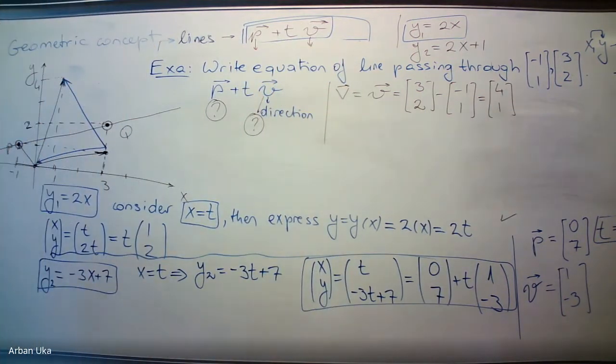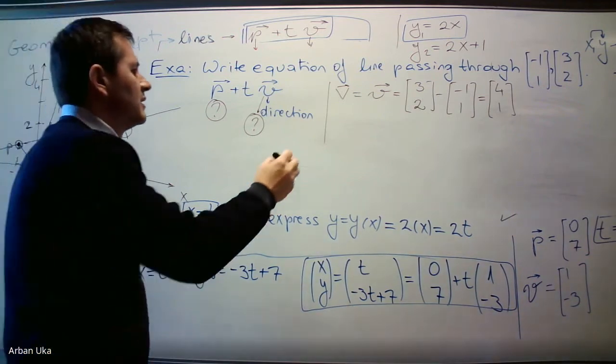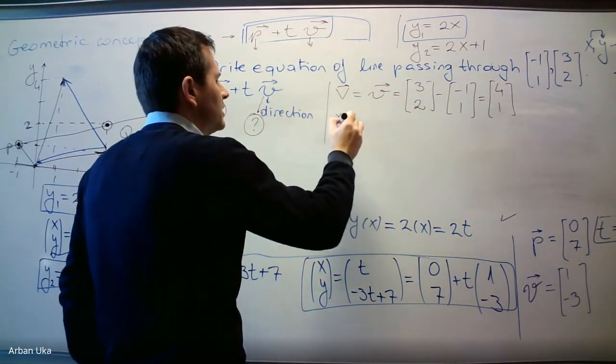That is true. So we got the slope. Since we got the slope, we now also need to find the other element. In order to find this, let's say that this is xy.